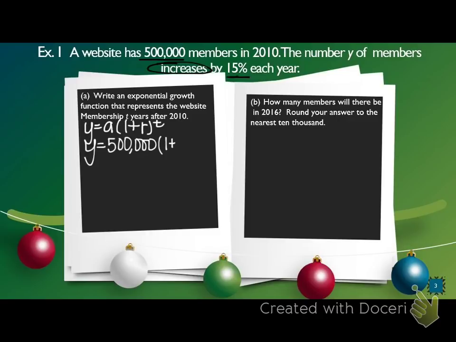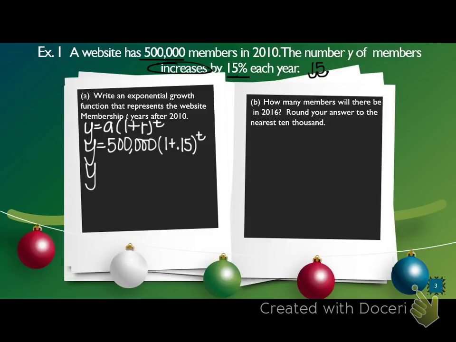So let's review, if we have a percent, how we can change it to a decimal. If I have a whole number, my decimal point is understood to be at the end, and I move that decimal 2 places to the left. That gives me the decimal form. So I'm plugging in a 0.15, and of course I don't know how much time has passed, so I'm leaving the t as a t.